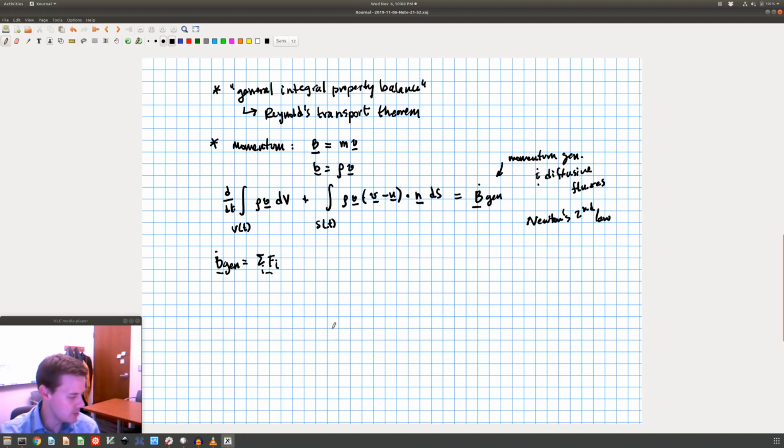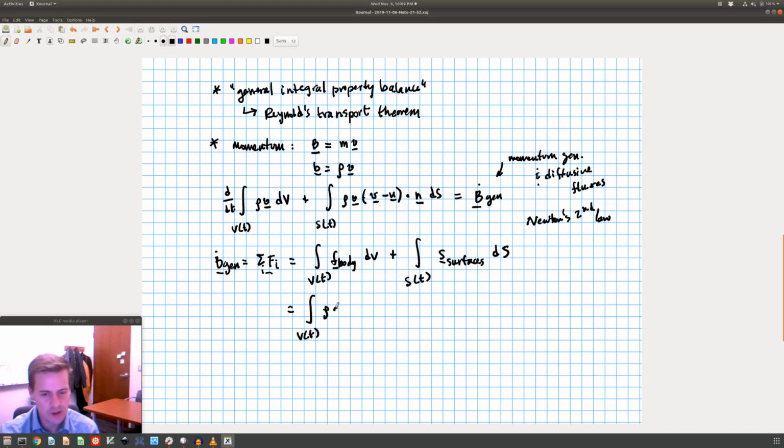So this is like Newton's second law. The sum of the forces in this case, I'm going to have a volume integral of body forces dV, plus a surface integral of surface forces or surface stresses times dS. So I have body forces and surface stresses, and those are going to be my total sum of forces. We already know these. Hopefully this looks familiar.